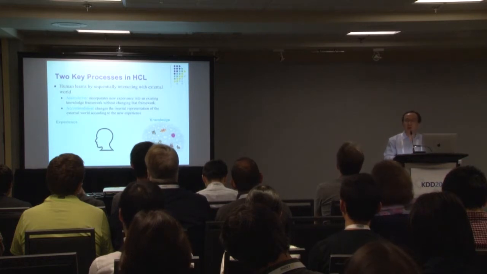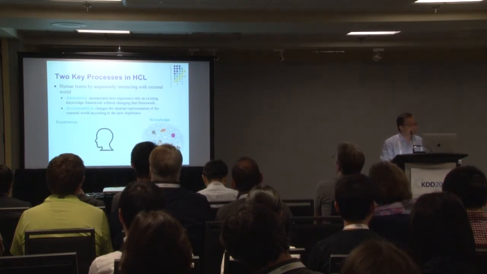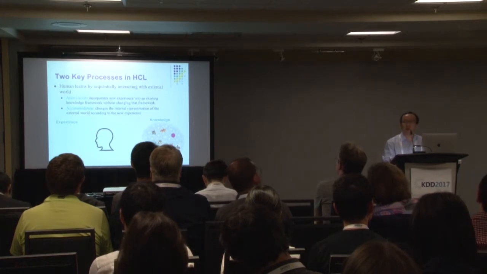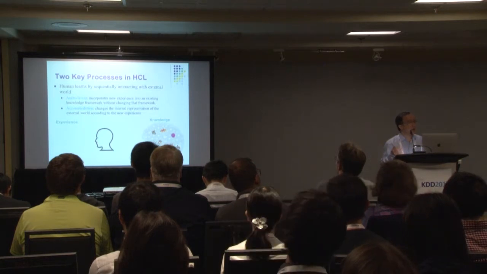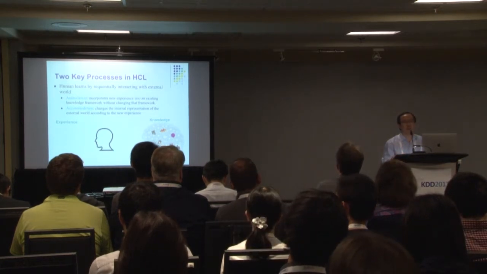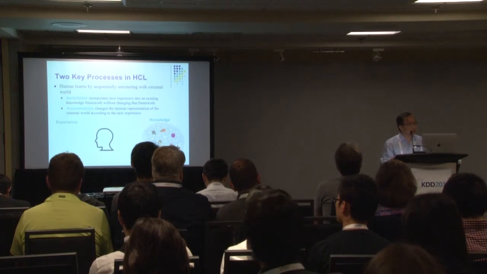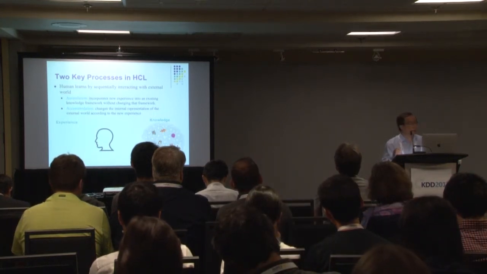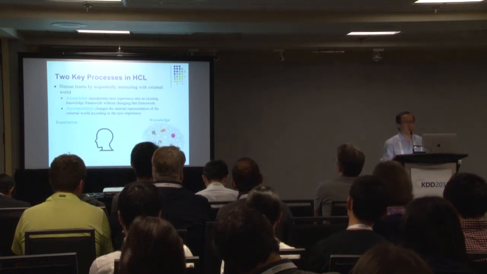So what does that mean? When we have a new interaction with the external world, a new experience, humans usually check whether there's something we saw before. If we had a similar experience before, then we use this new experience to update our existing framework.